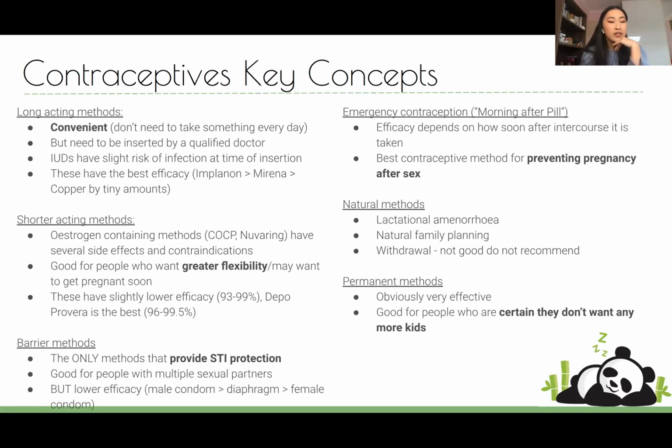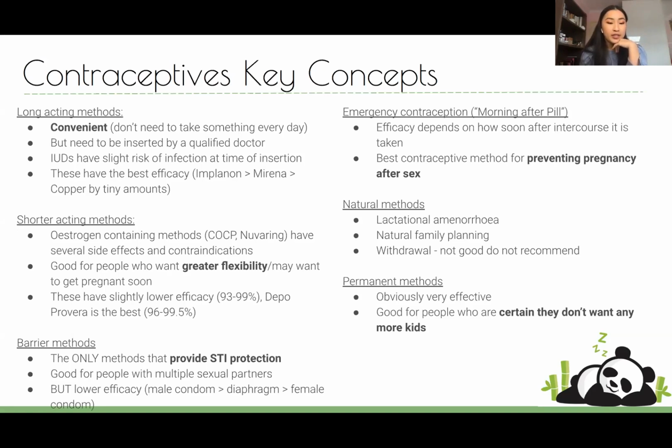But the shorter acting methods on the whole are good for people who want more flexibility, or people who say they might potentially want to get pregnant soon, in which case it doesn't really justify putting in an IUD or an implant. They do, however, have lower efficacy, somewhat intrinsically, but also because of human error. Obviously, with the pill that has to be taken daily, there's a lot of margin for error there.